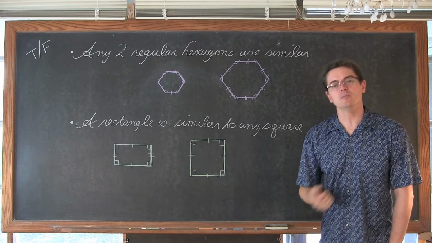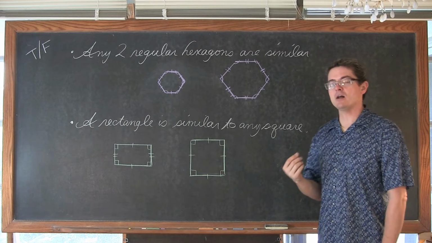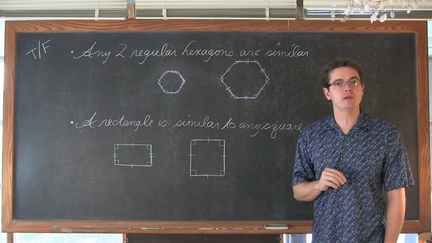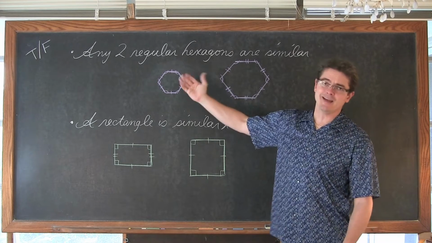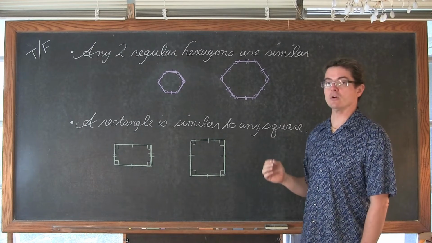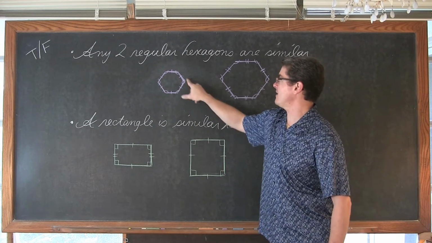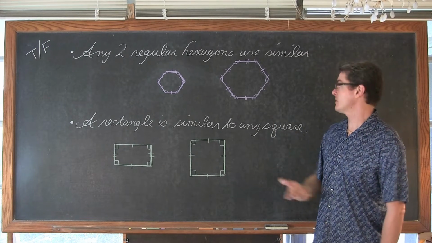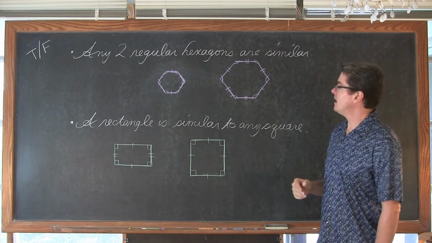Well, that would be true. Because regular polygons have all their angles congruent and all of their sides congruent, I've drawn two regular hexagons, and they are similar. Why? Because they're all going to have the same interior angle. All their corresponding angles are going to be congruent because they're both regular hexagons.